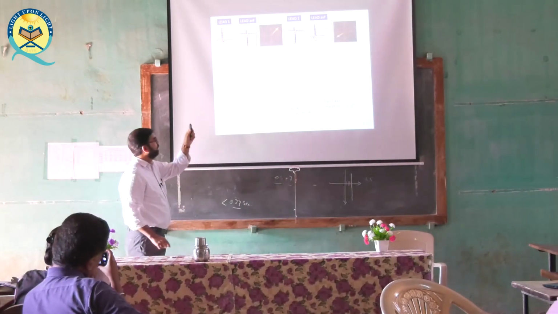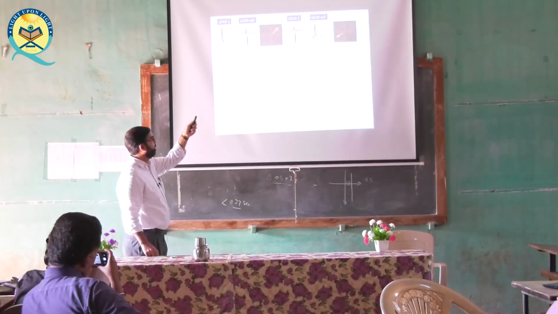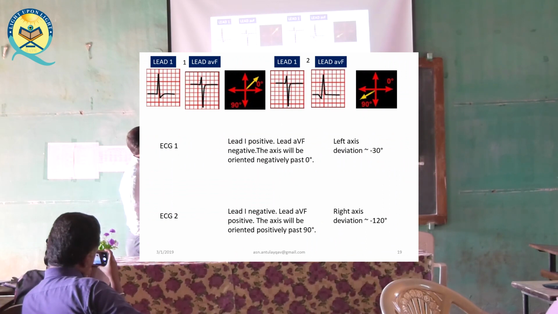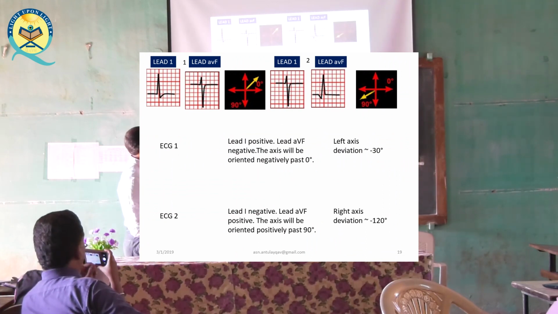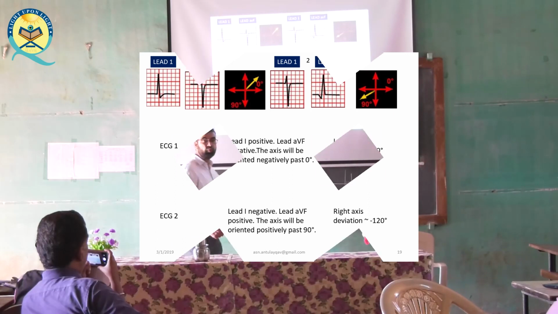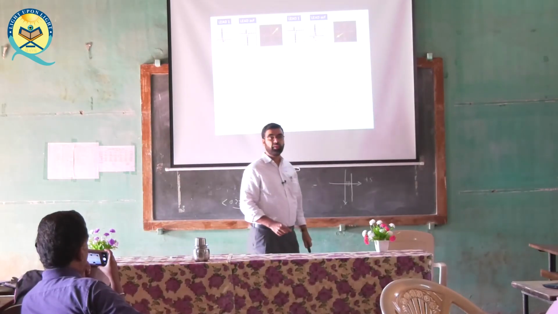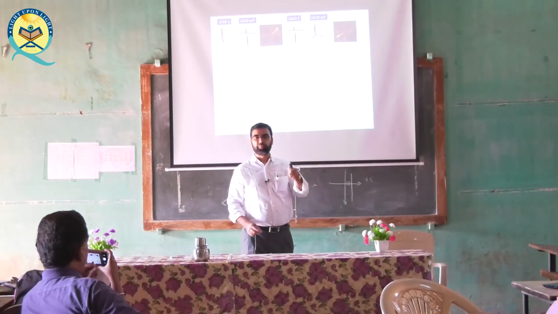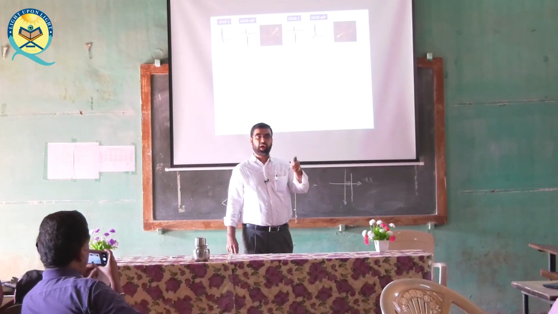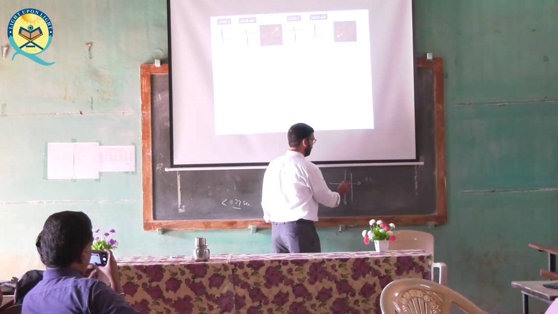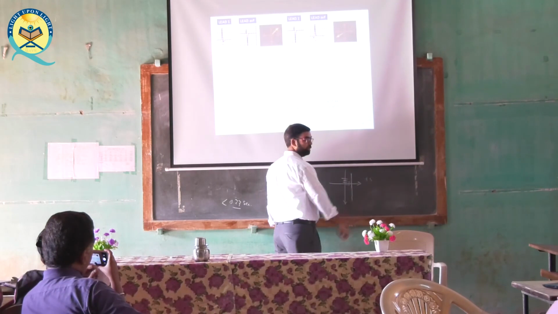And AVF, you see, +2 minus 5, +2 minus 5 is equal to -3. Then where should I plot? Up. -3 should be plotted up. 1, 2 and 3.